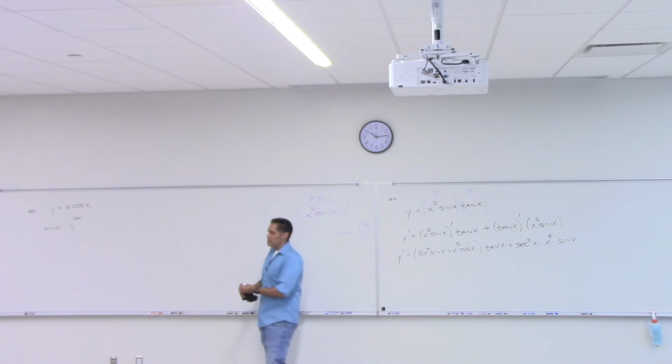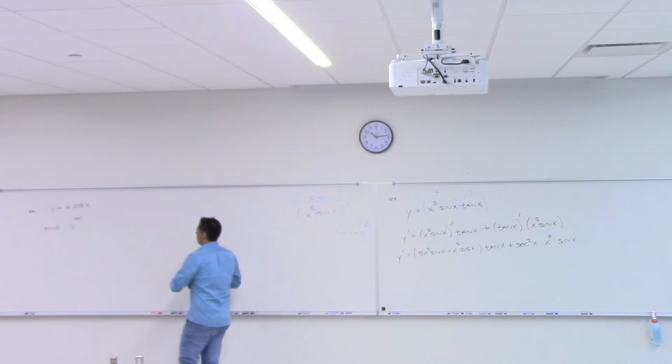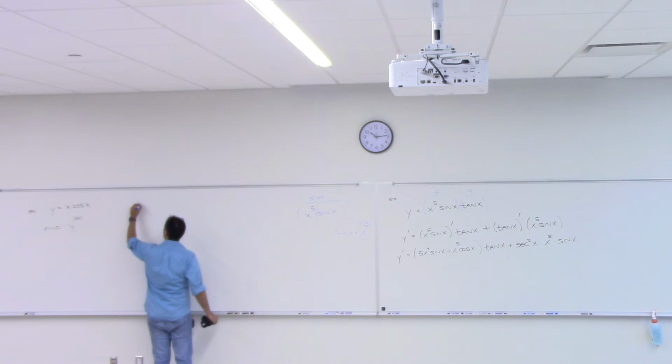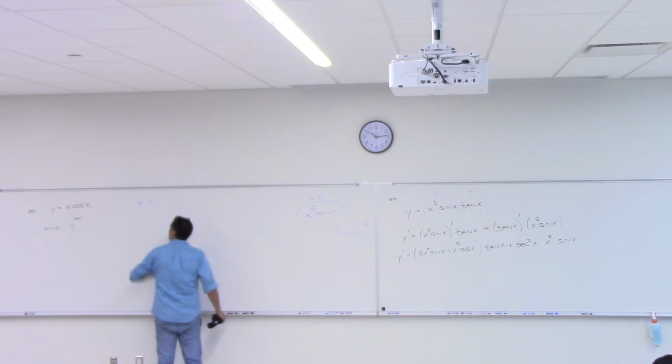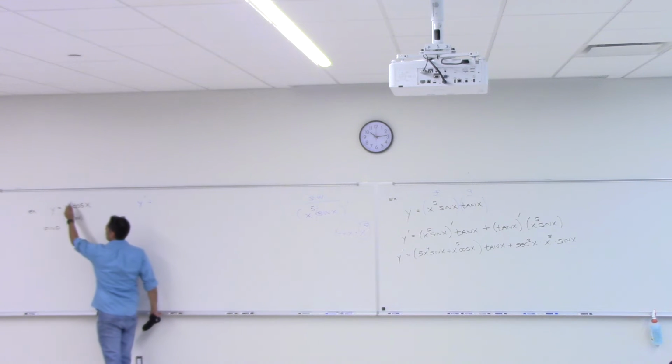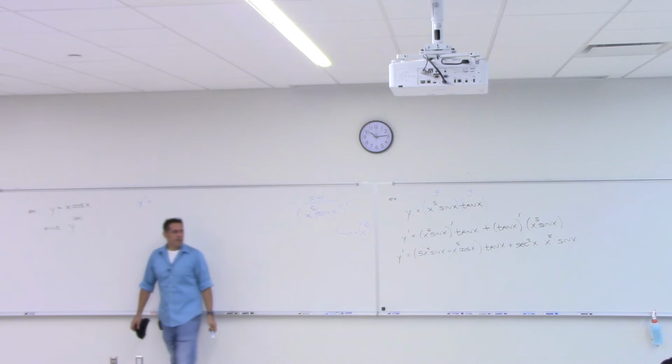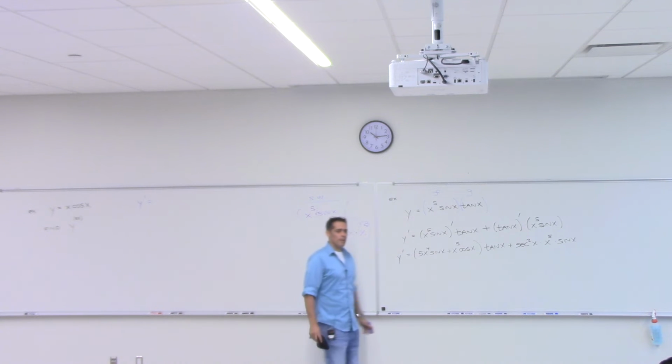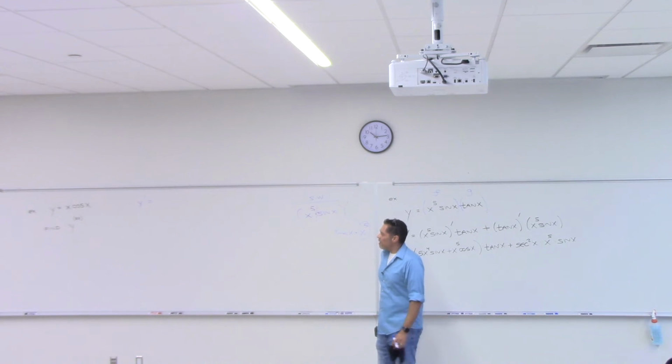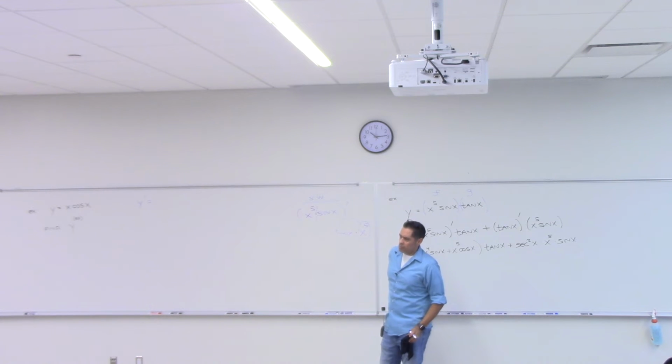So let's start taking some derivatives to see what happens here. When I do my first derivative, I have a product, right? I have to do a product rule here. Are we comfortable yet with just doing the product rule kind of mentally?